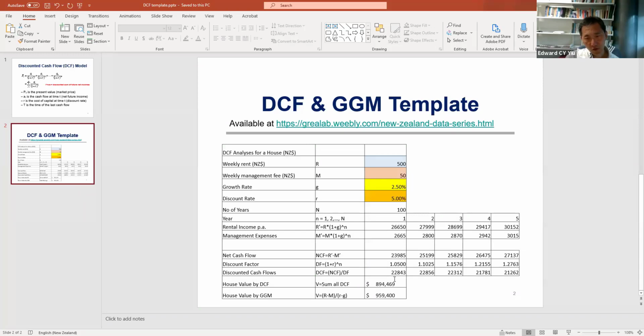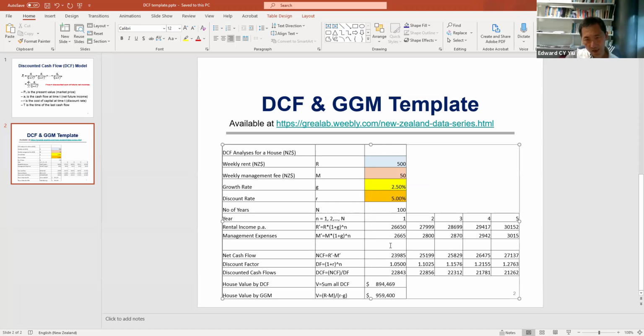So then each column represents one of the terms shown in the DCF equation. In year 1, say for example, if the weekly rent is 500 New Zealand dollars, then 500 times 52 equals 26,650, and the management fee would be 2,665 in year 1.